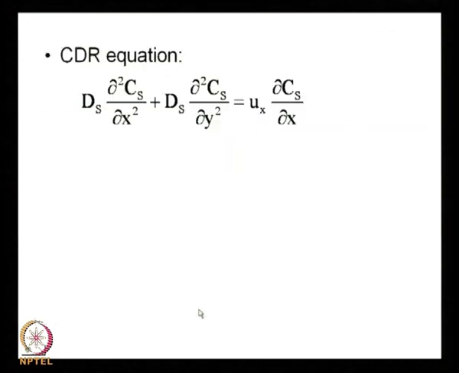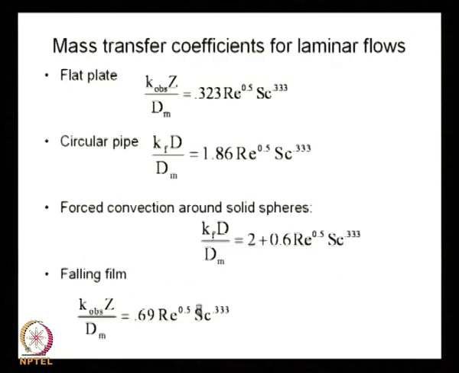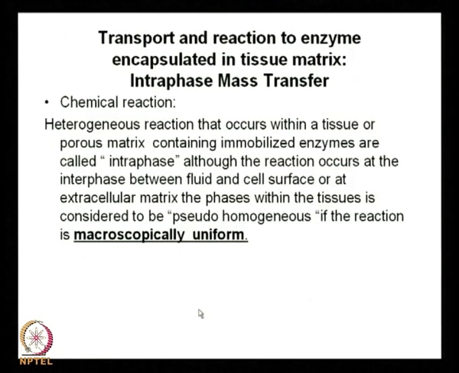So, now let us look at what the difference is and how to study this, what kind of models we can make. The first important thing that I want to discuss is the concept of pseudo homogeneous reaction, and we did that before.